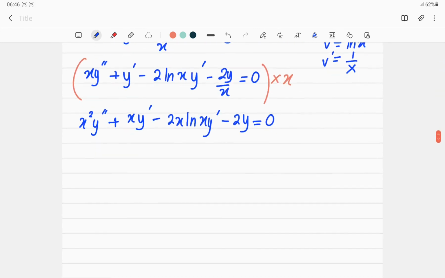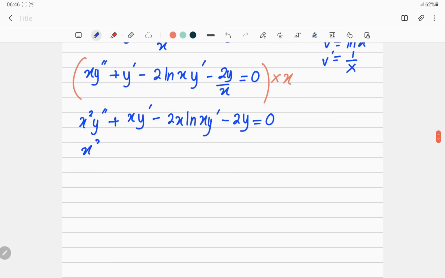So x squared y double prime, and once I factorize out the negative x, I get minus x(2 ln x minus 1) y prime minus 2y equal to 0. So finally we get the answer, we have shown.